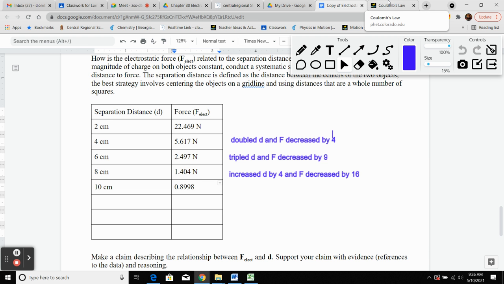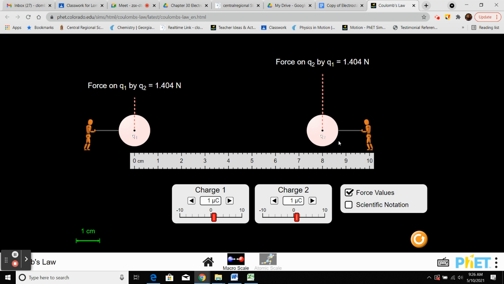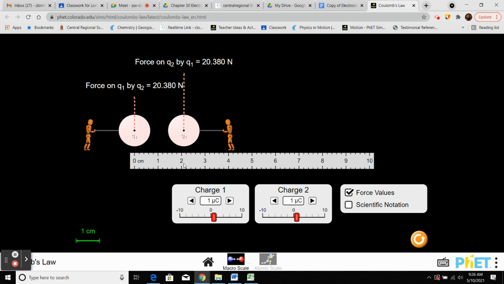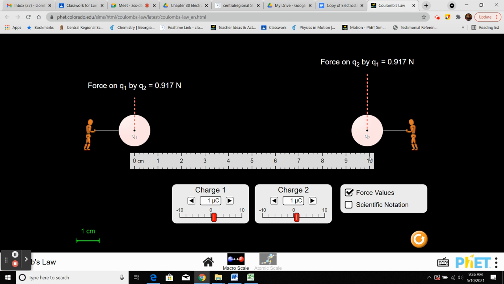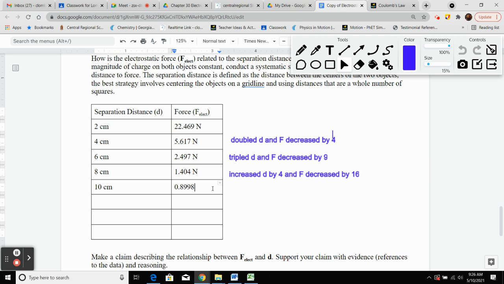Now let's see if it's right. So here was it originally, and now it's 0.899. It's pretty good, I think. So you can even get rid of that 8 if you wanted or needed.